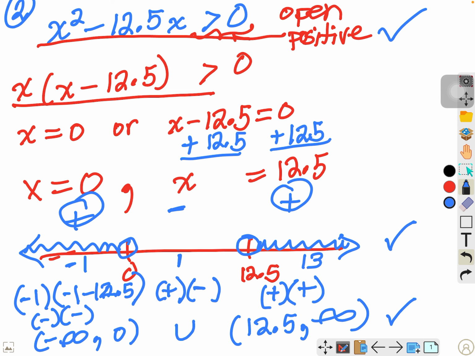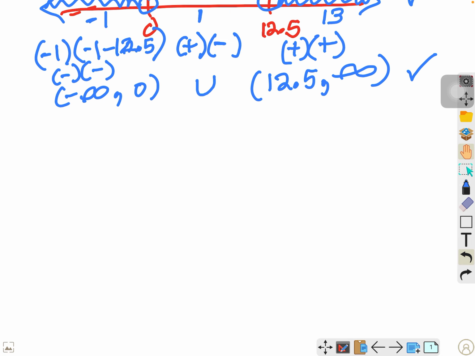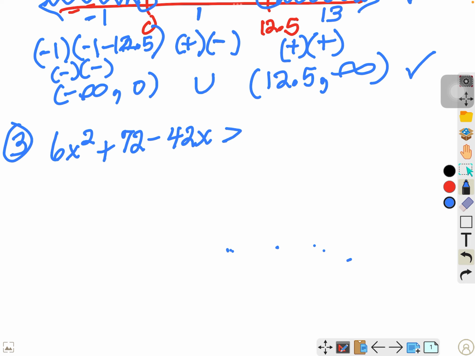Now for problem number 3. Six x squared plus 72 minus 42x is greater than or equal to 0.